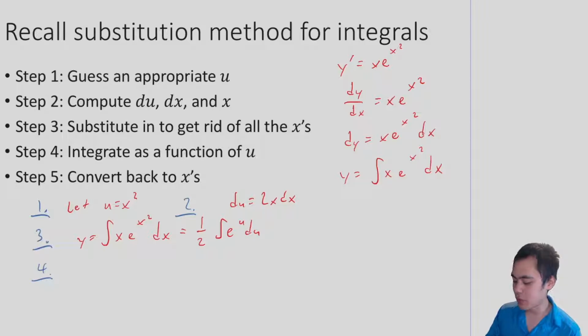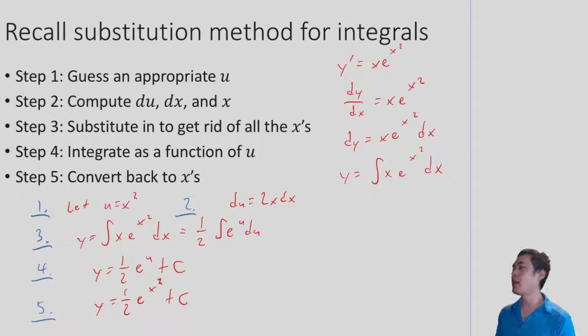Therefore, when you take this integral, you get y is equal to 1/2 e to the u plus c, and you substitute x back in, then you get y is equal to 1/2 e to the x squared plus c. So easy enough, right? The whole key here is that you just had to figure out what the right u was to make the integral easier to solve.